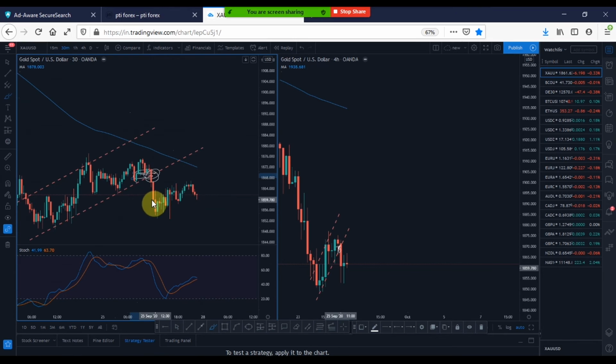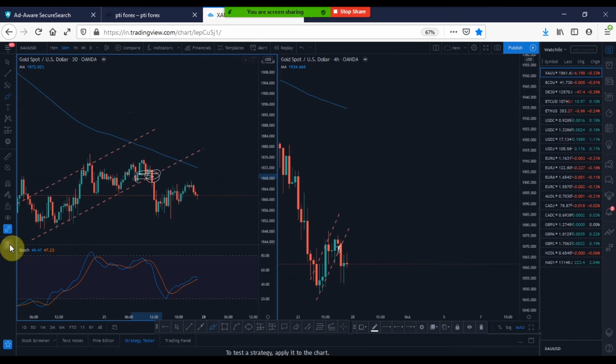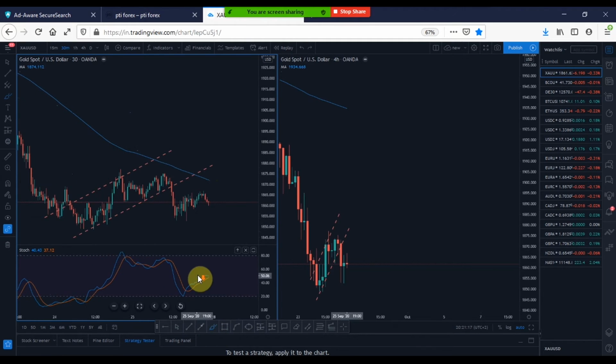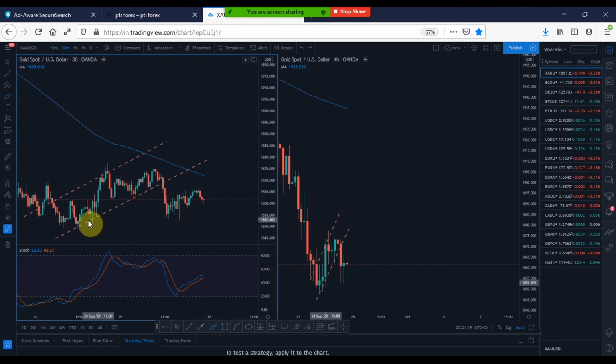However, before you enter a pattern break, it is very, very necessary for you to understand how the price was before it broke that pattern. Understand the momentum before that pattern was broken. For an example, you can see that this corrective wave was led by buyers and they pushed up, corrected, but after they corrected here, they failed to push up again.